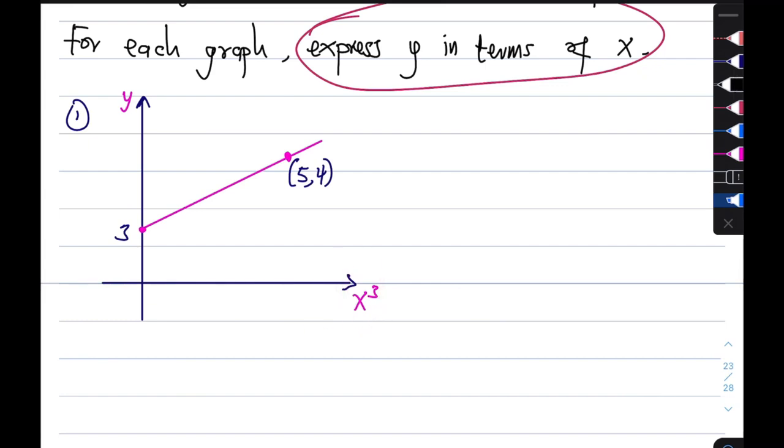So if it is a straight line, then in what form is a straight line written? We know that straight lines are normally in the form y is equal to mx plus c. Now I'm differentiating: we have small y, I'm using big Y. We have small x, I'm using big X. I'm differentiating it because even though the equation of a line is written in the form y equals mx plus c, these axes are actually not linear like you think, okay?